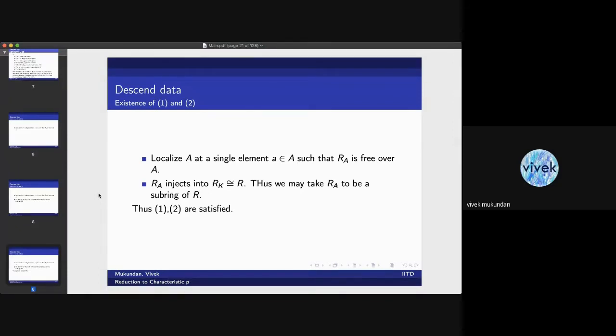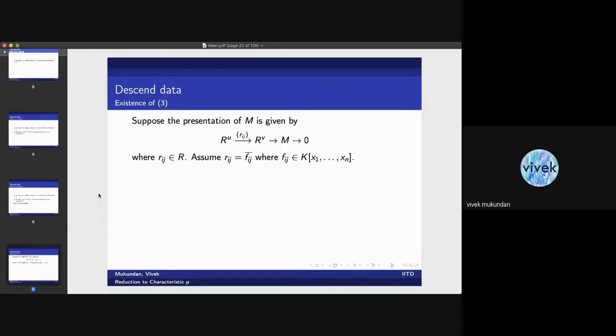Okay, the third step of the descent data is about descending the modules themselves, descending the module and the submodule together. So how do we actually descend the module?